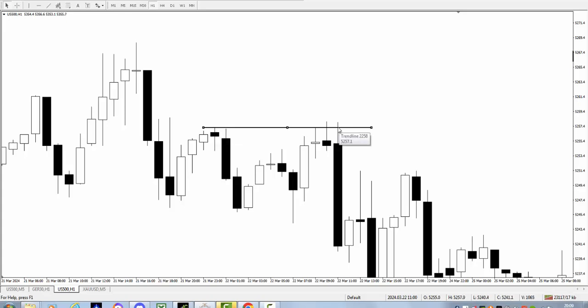And that's why they came back to that area precisely. Now they didn't take the twin spike liquidity, but they came really close. I would imagine that spread would have widened at that point and they would have at least taken out any stops up there.